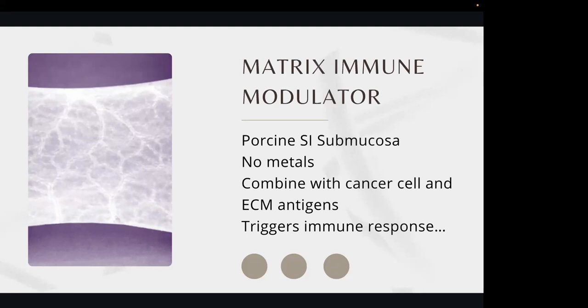It was already there. But the step that I was missing in my head when I first learned about this is that they are attaching an immune modulator to those cells to ignite the immune system, to alert the immune system that these cells need to be attacked. And that immune modulator is porcine small intestinal submucosa.